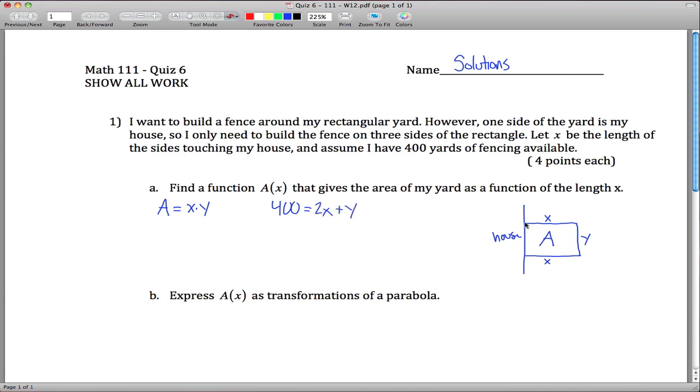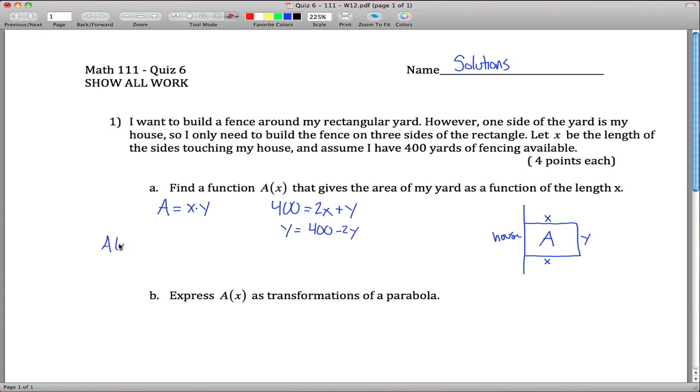We used 400 yards of fence going all the way around, which is 2 x's and a y. And we want area as a function of x, so we don't want this y, we just want x's. So we solve this equation for y to substitute it in, and we get that y is equal to 400 minus 2x.